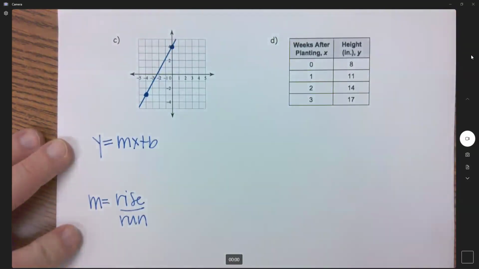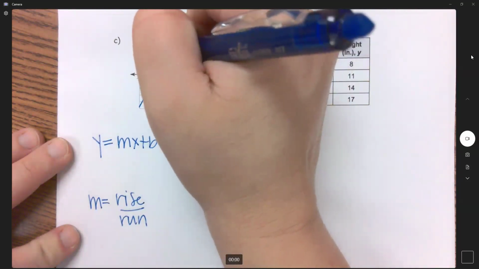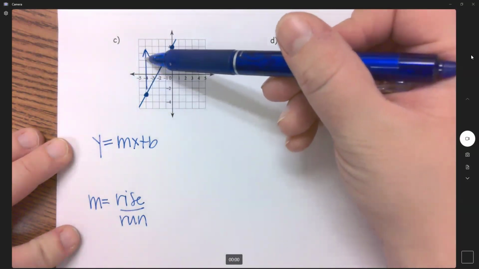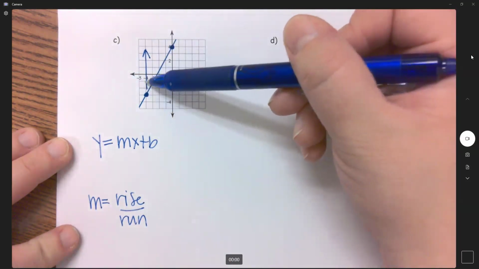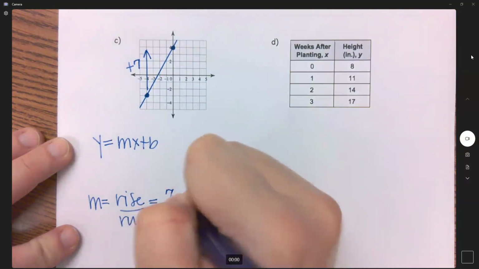My slope, we calculate by rise over run. So from the lower point to the higher point, what is my rise? We are going up 1, 2, 3, 4, 5, 6, 7 units for my rise.